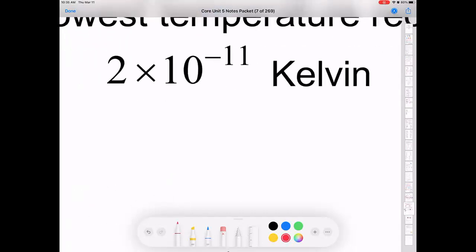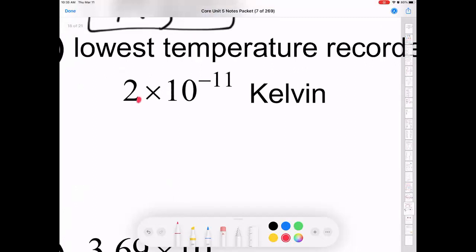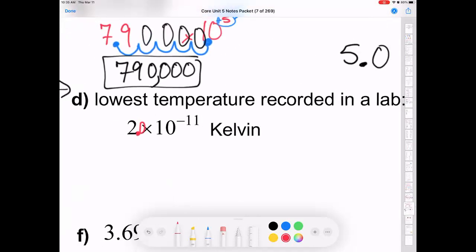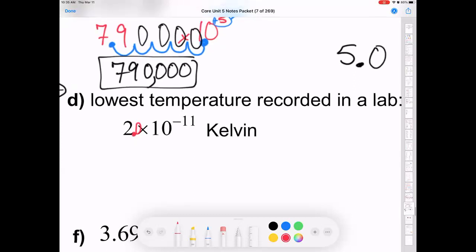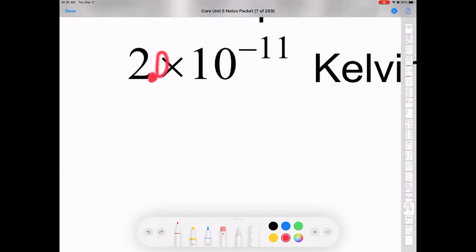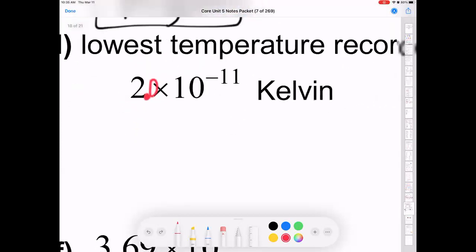Yeah, for our decimal place, it is after the 2. And then you can put a little 0 afterwards if you want. The reason for that is if we gave you the number 7, 7 is the exact same thing as saying 7.0. So very much the same situation here. Anytime you're given just a number, just know that it's whatever that number is and then .0. So we have 2.0 times 10 to the negative 11th power.